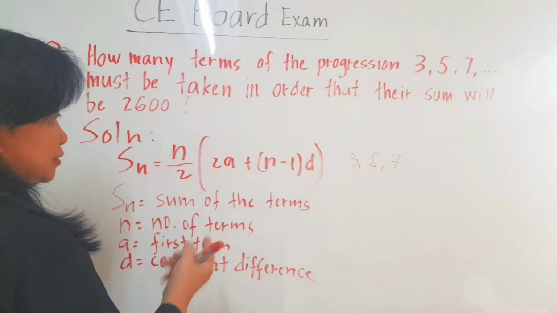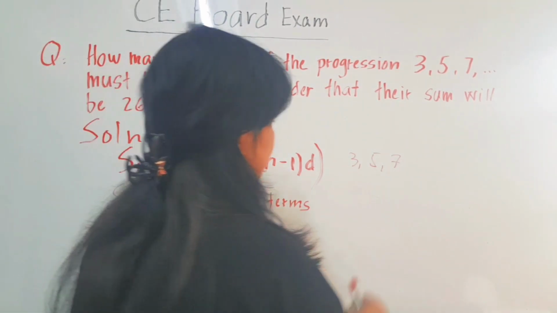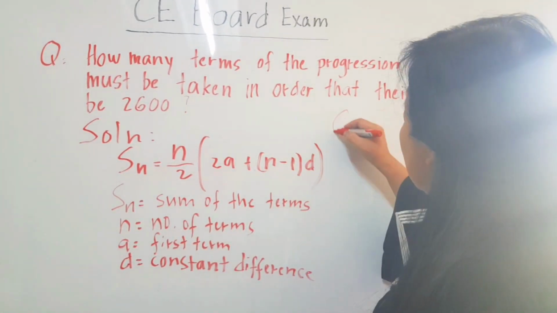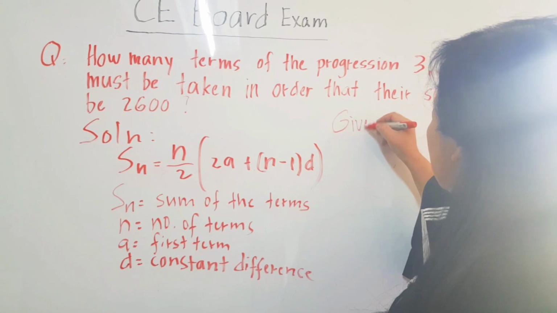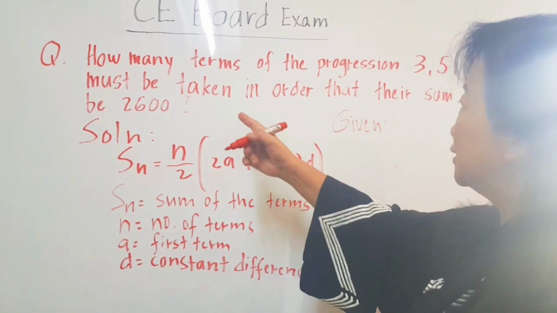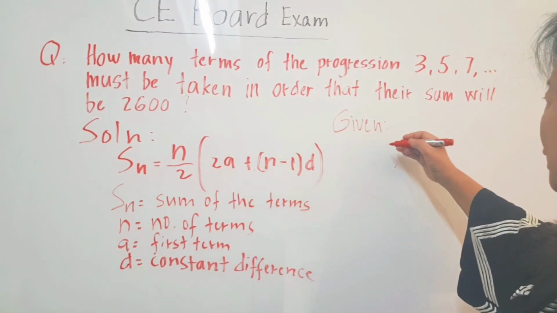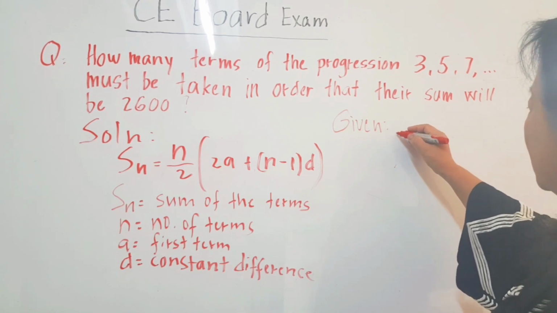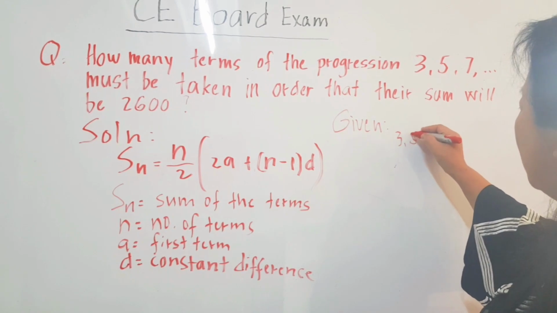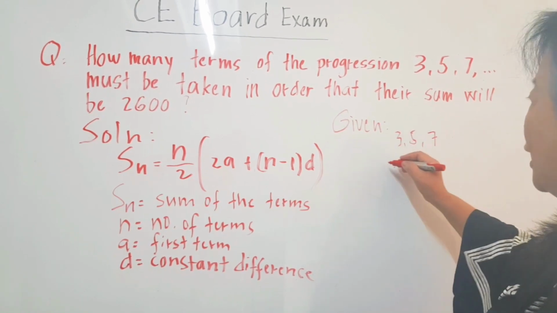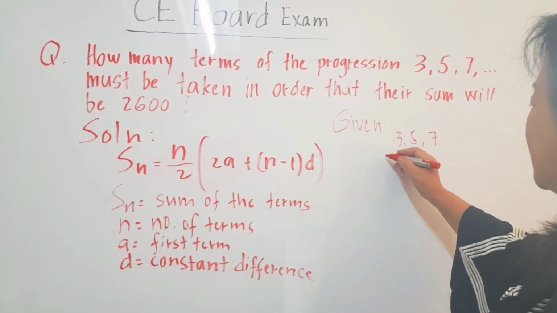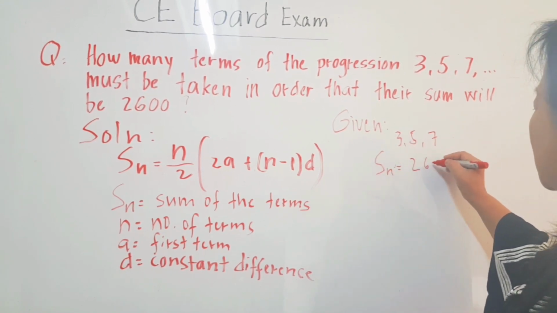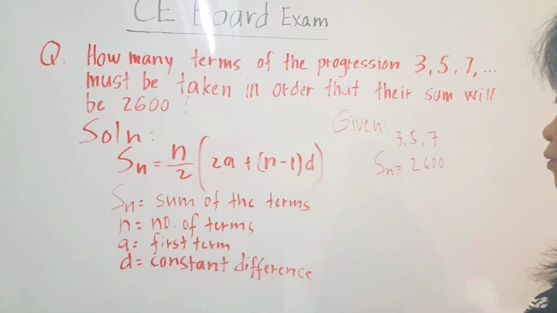Now, of course, to solve this one is very easy. We have the given. What are the given here? The terms 3, 5, and 7, and Sn, which is equal to 2,600.